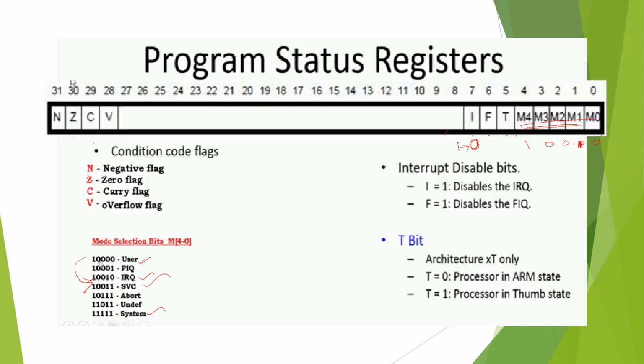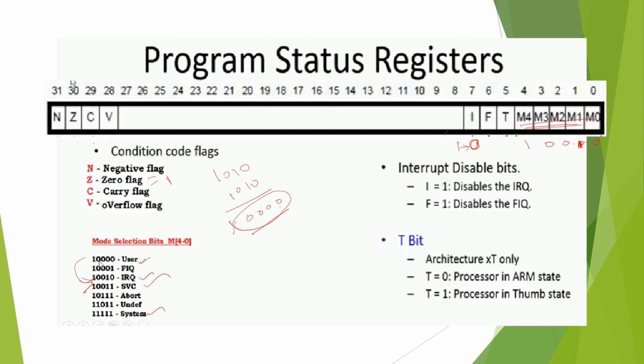If you are subtracting the same two values, say 1010 minus 1010, what will happen? Everything will become 0. Or if you do an XOR operation, everything will become 0. The result of the data is all the same, that is, all are 0. Then the zero flag will be set as 1. Right? So this program status register is very important because it maintains all the values, the condition code flags also.